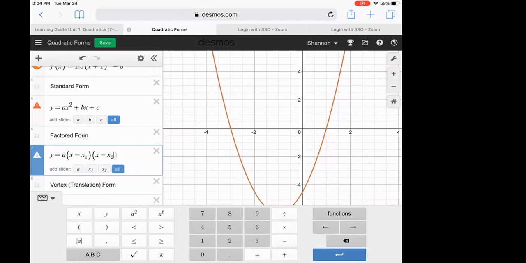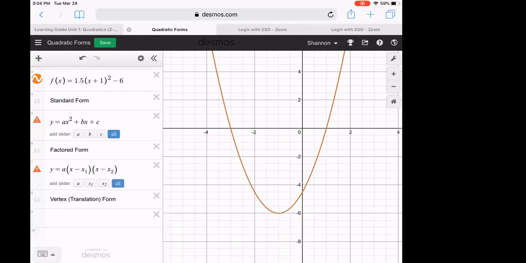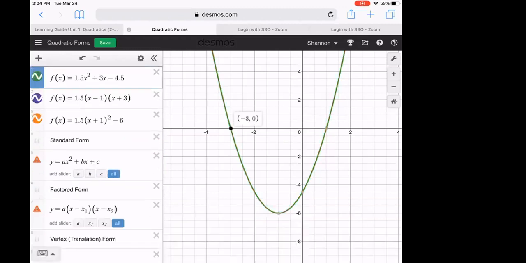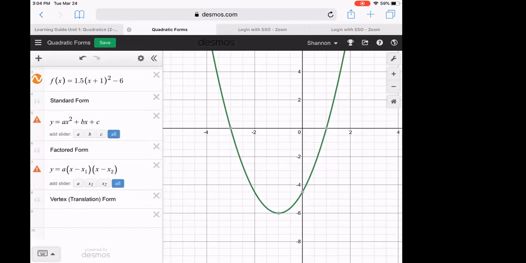That is factored form. And if you think about what factored form is useful for, so going back to our ordered pairs here, you'll see that factored form is very much related to the x-intercepts.